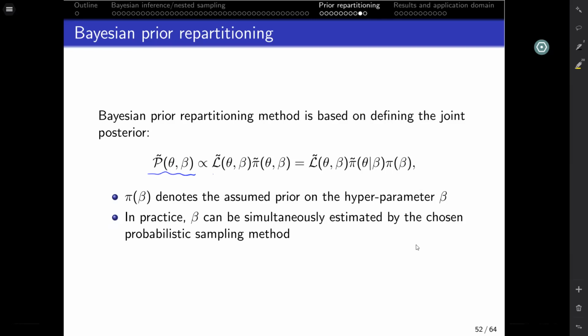So we simultaneously estimate the latent variable theta and the hyperparameter beta. That solves this problem automatically. It gives a hands-off solution that can do posterior estimation and automatically avoid this unrepresentative prior problem.